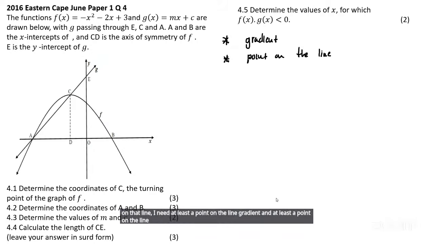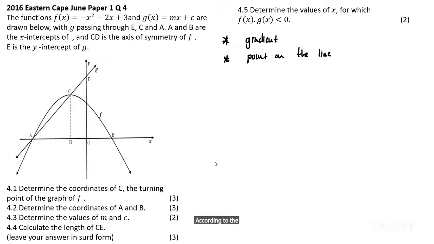According to the graph, the straight line passes through point A as well as through point C. So I have point A, which was given as -3, 0, and point C, which is given or calculated as -1 and 4.